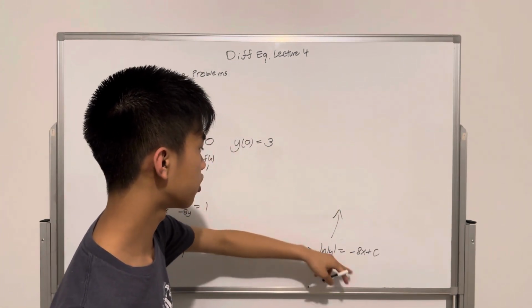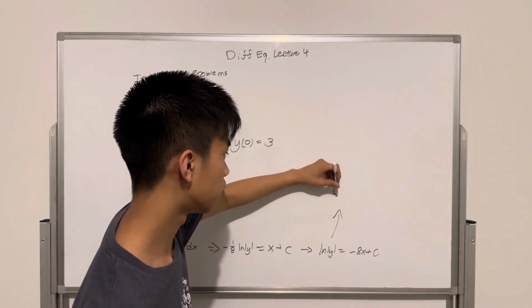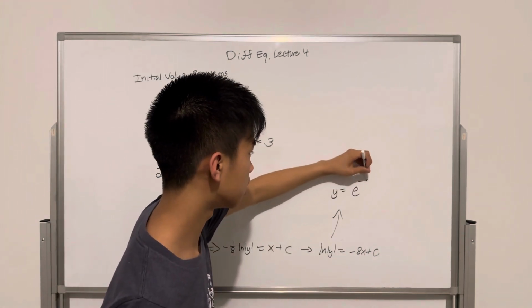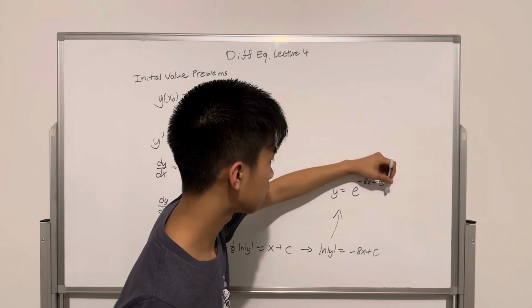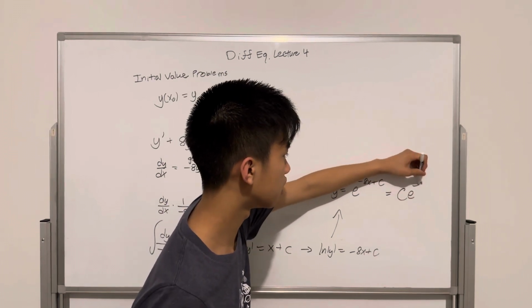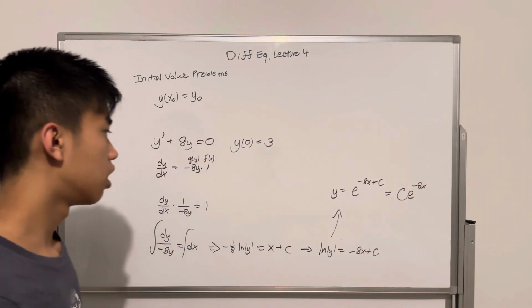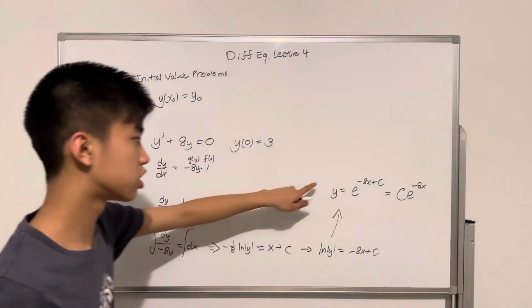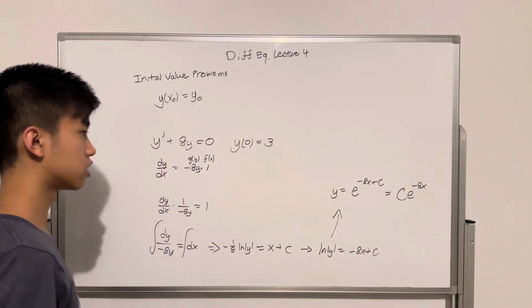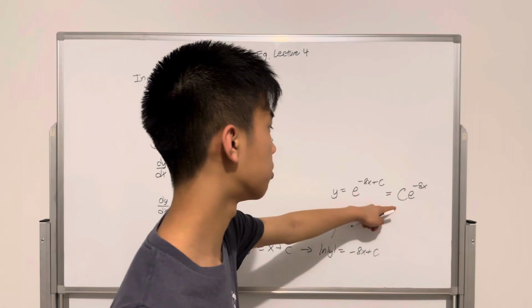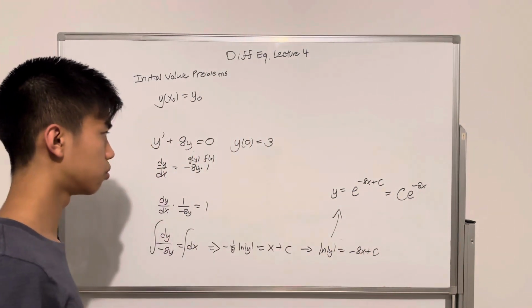We can just raise everything to the e power. So we get y equals e to the negative 8x plus c, or c e to the negative 8x. And we covered in previous videos why we could just get rid of the absolute value, because c pretty much covers the absolute value.